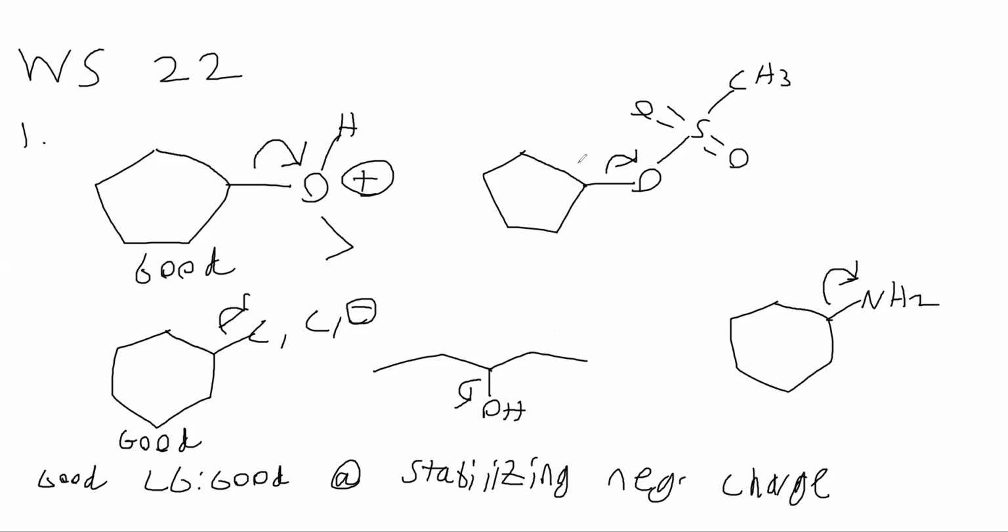What about the top right? Well, it's not top right on my worksheet, but the second one here on the top on the screen. Would this be good or bad at stabilizing a negative charge?